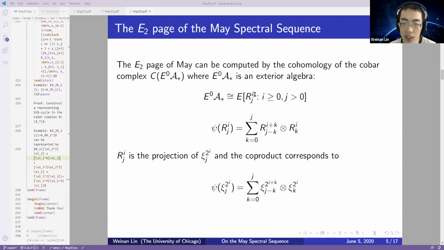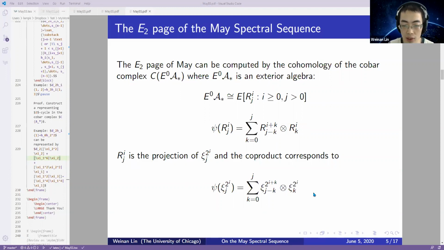Here I'm using May's original notation, and R_ij is the projection of ξ_j to the 2^i. Now the comultiplication is given by this, which corresponds to the coproduct on ξ that we are familiar with. They look exactly the same if you know that R_ij stands for ξ_j to the 2^i. Okay, any questions so far?